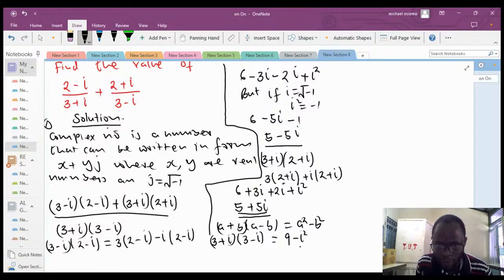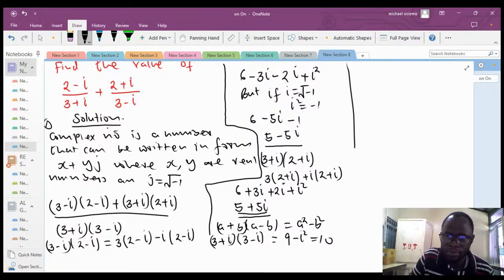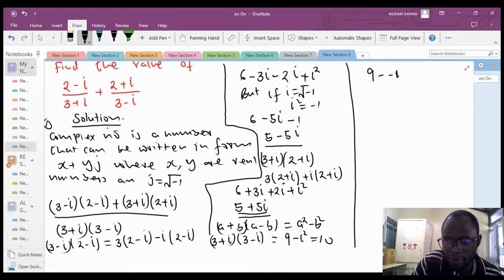But you know i squared is minus 1. So minus 1 times negative will become positive. So it has become 10 because of 9 minus minus 1, which is equal to 10.